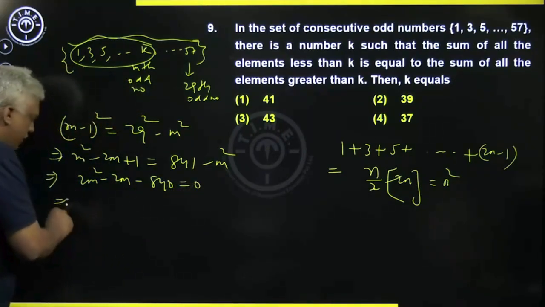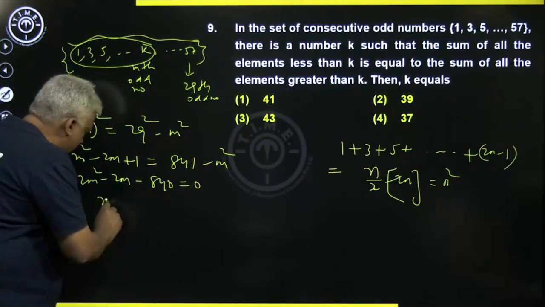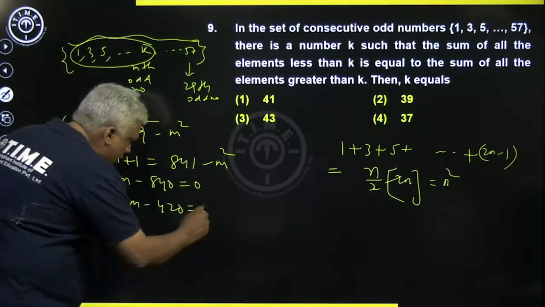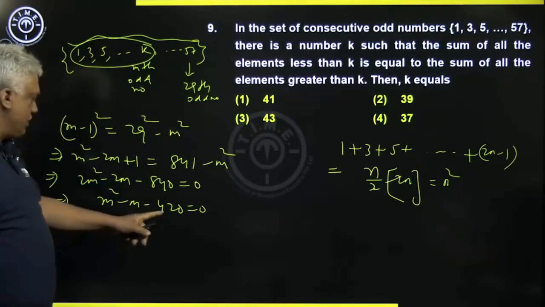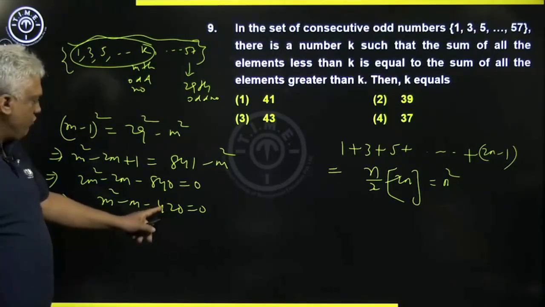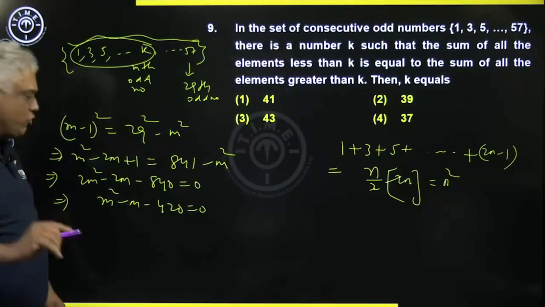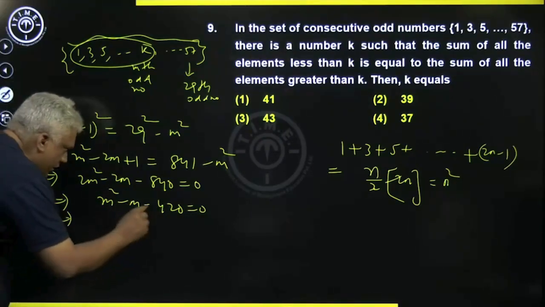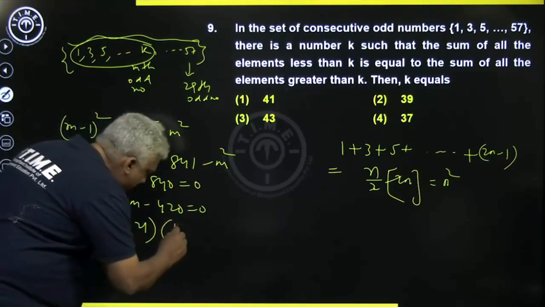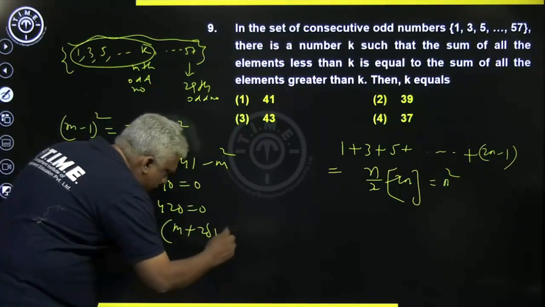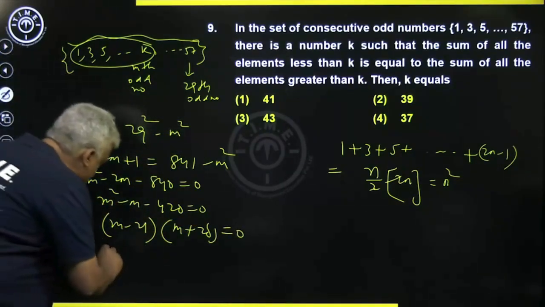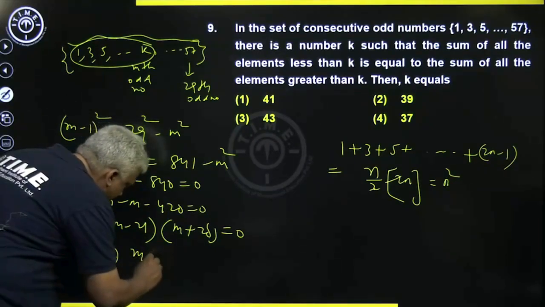Now we can divide by 2, so it is m square minus m minus 420 equal to 0. Can we factorize 420, where the product is minus 420 and the sum is minus 1? Yes, 20 and 21. So this is m minus 21 times m plus 20 equal to 0. Obviously m can't be minus 20, so m is equal to 21.